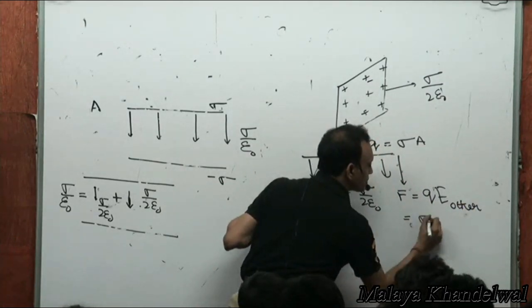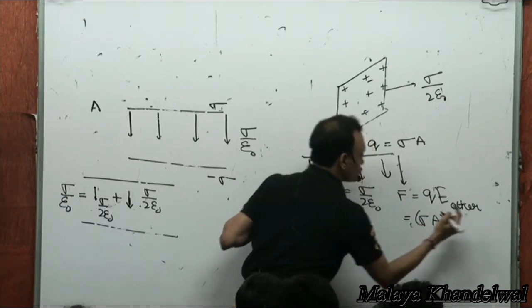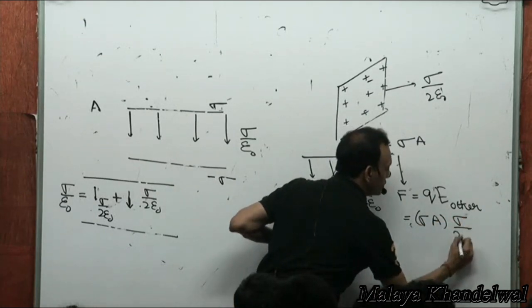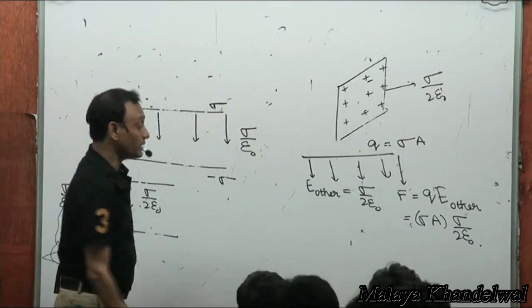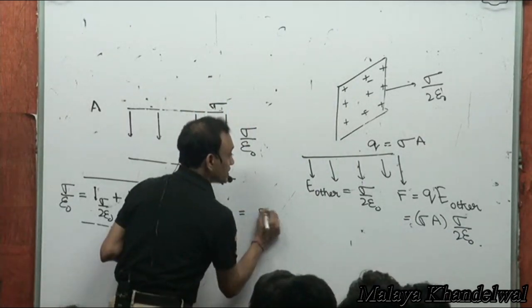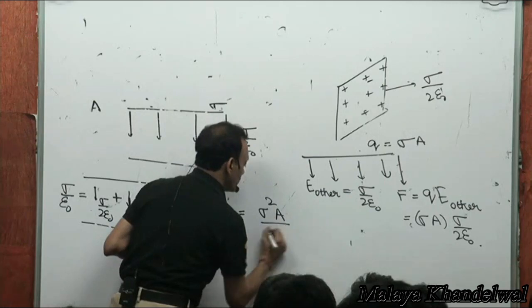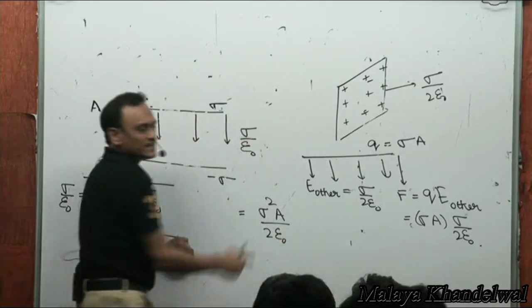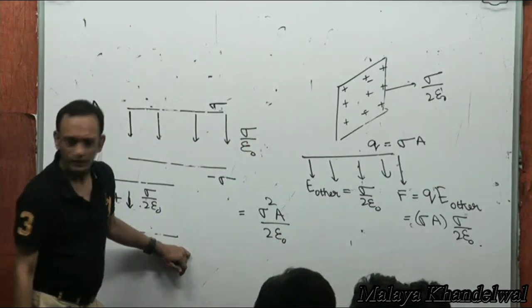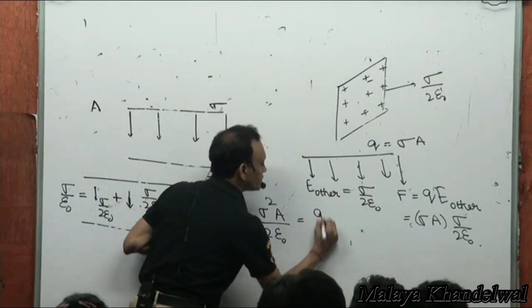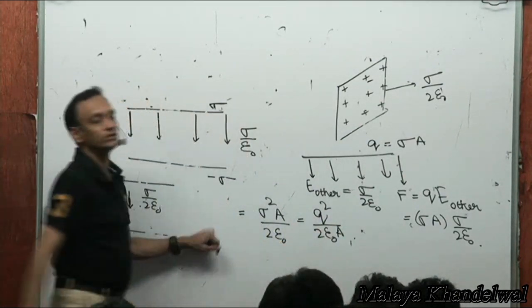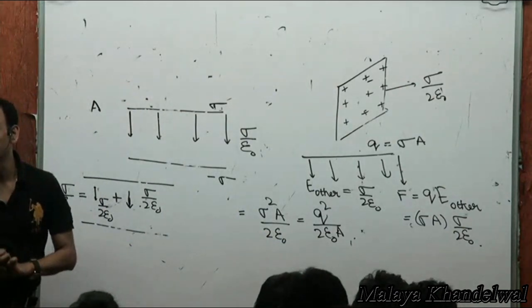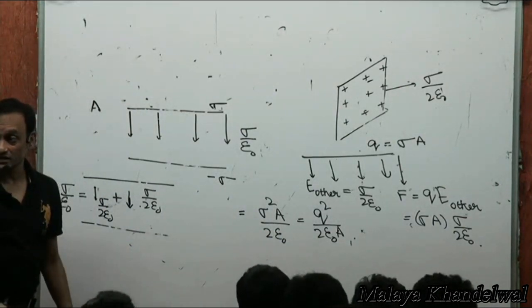Q is sigma A, and E other is sigma by 2 epsilon naught, which is like sigma squared A by 2 epsilon naught. If you write sigma as Q by A, that's going to become Q squared by 2 epsilon naught A. That's the force of attraction between the two plates of the capacitor.